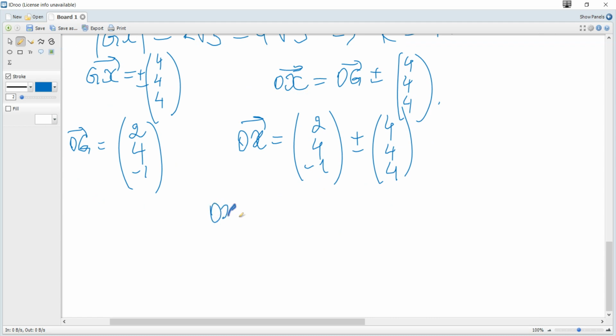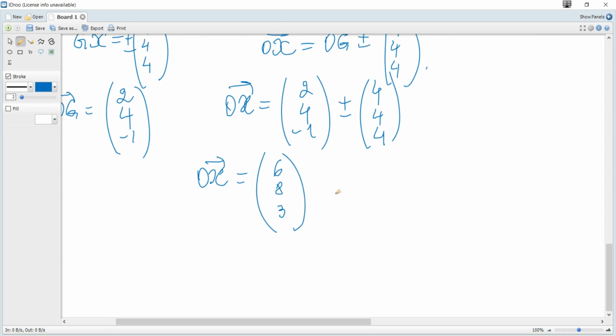Hence the first possible position vector OX becomes, if we consider plus, 6, 8, 3, or when minus, it's negative 2, 0, negative 5.